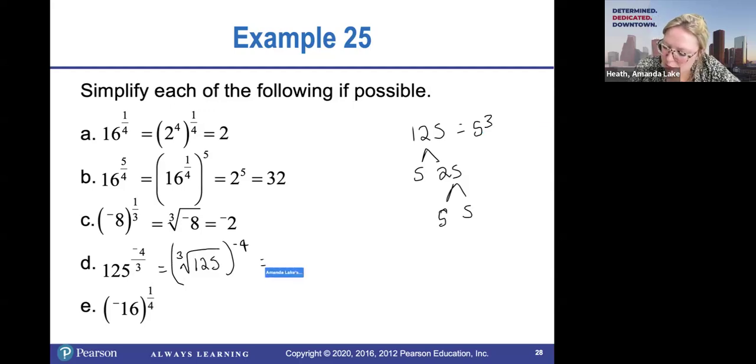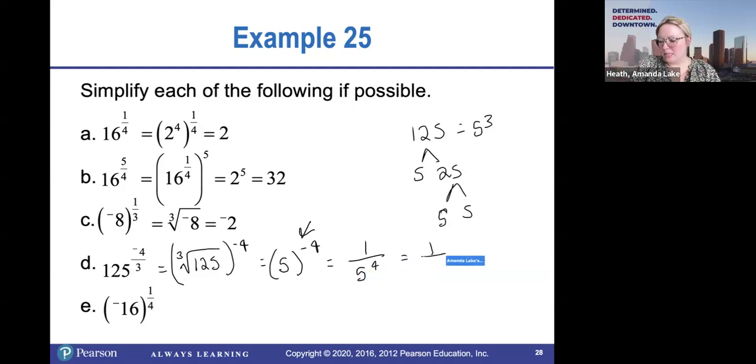So the cube root of 125 is 5. But then I have the negative 4th power. What a negative power does to a number is it puts it in the denominator of a fraction. So this is the same thing as 1 over 5 to the 4th. And that should be 625.